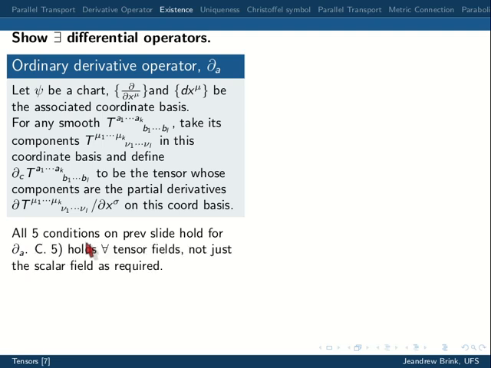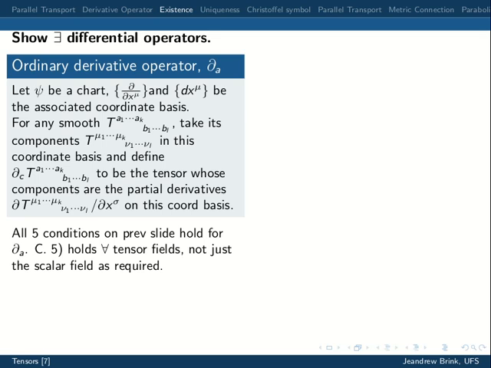The problem is, and in fact, that condition 5 where the thing commutes, in other words, if you take derivatives with respect to dA and dB, then dA dB is always equal to minus dB dA. So that holds for all scalar fields but not all tensor fields. But there is a reason why we required it only for scalar fields: if you define something this way, the moment you go to a different chart, you have a completely different entity.